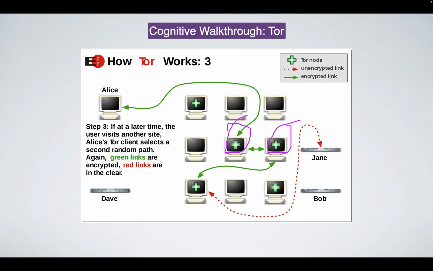I don't want the responsibility or the liability of being an exit node. And also, if I'm an entrance node, I also know all the users who are using Tor. So that's still sensitive information. Even if you don't know where they're ultimately going, it's still sensitive information to know at least, hey, here's a bunch of people who are actually using Tor, right?